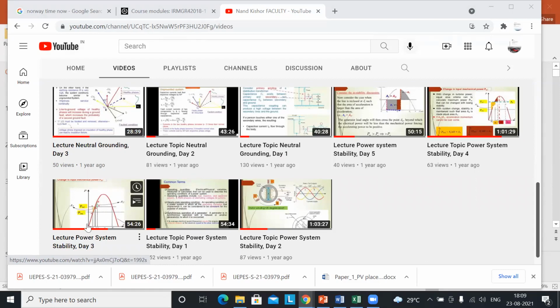Thus we have the equilibrium criteria approach here. All these are discussed in the lectures on day 3, day 4, and day 5. Because based on this equilibrium criteria, we can say whether the system will remain stable or become unstable whenever you have some disturbance.